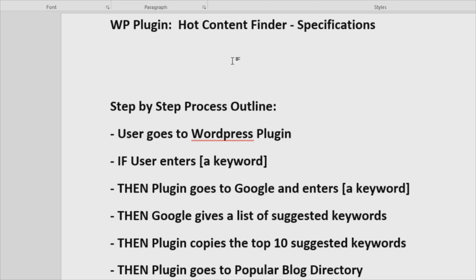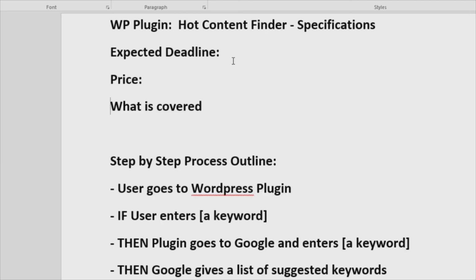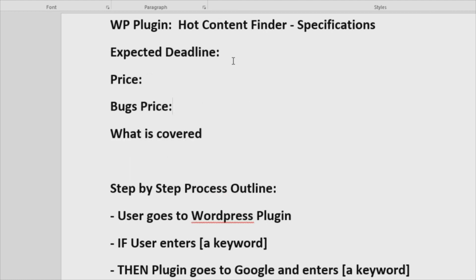Now you still need to write down the deadline, and this is something you're going to agree upon with the programmer. Expected deadline, what is covered for the price. So price, and bugs, because that's something most people don't think about.